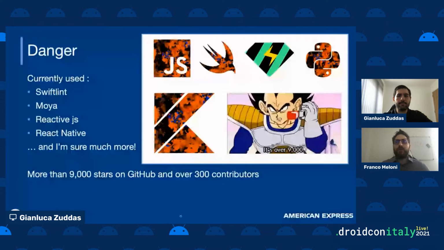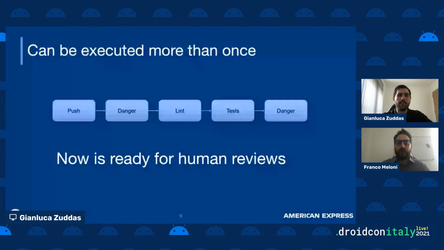One of the main goals of Dangerjs is to keep the feedback loop really short, so that when you open a PR, you immediately know if something is wrong and you can immediately address it, even before the first reviewer arrives. In order to do that, you need to run Dangerjs as soon as there is something that can go wrong.